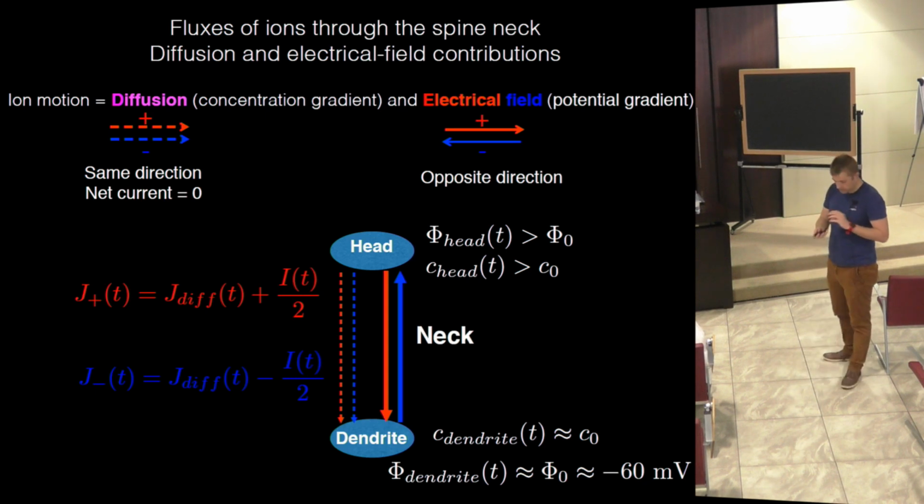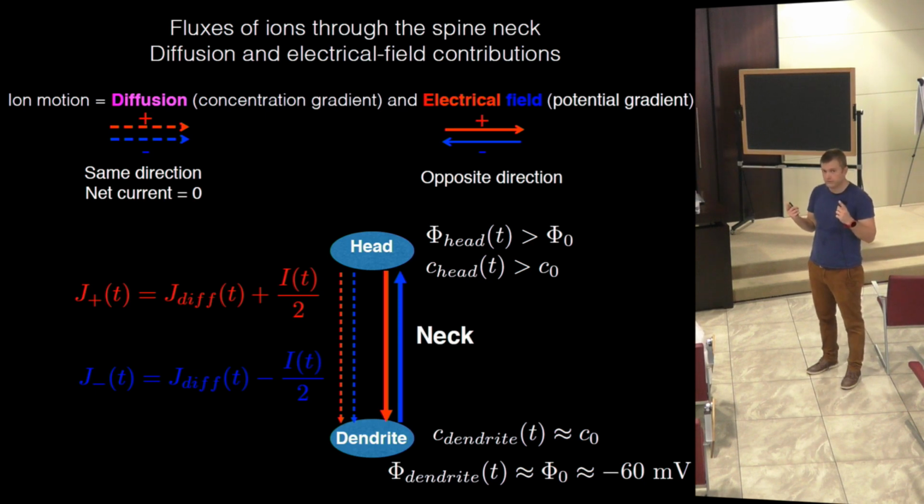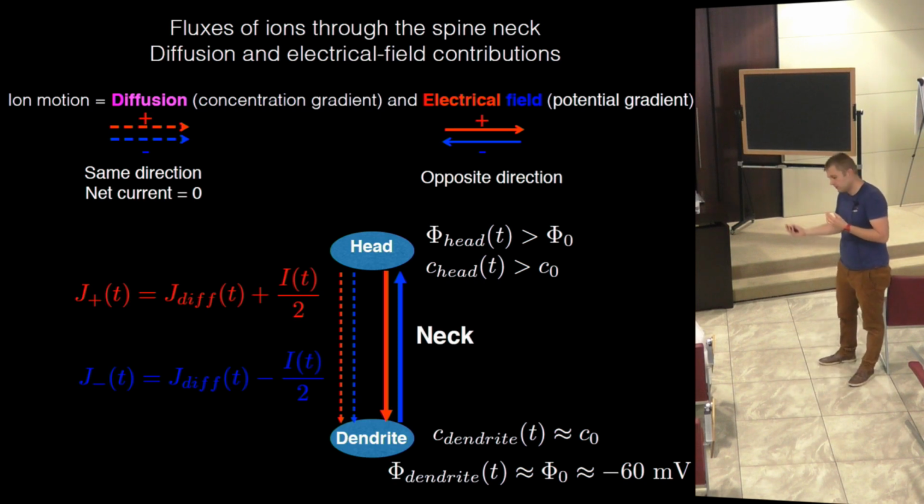But when you have a change of potential, this potential is going to push all the positive charge of the head. So these 10 million charges are going to feel this difference of potential and are going to be pushed towards the dendrites. And this is the same for the negative charge.